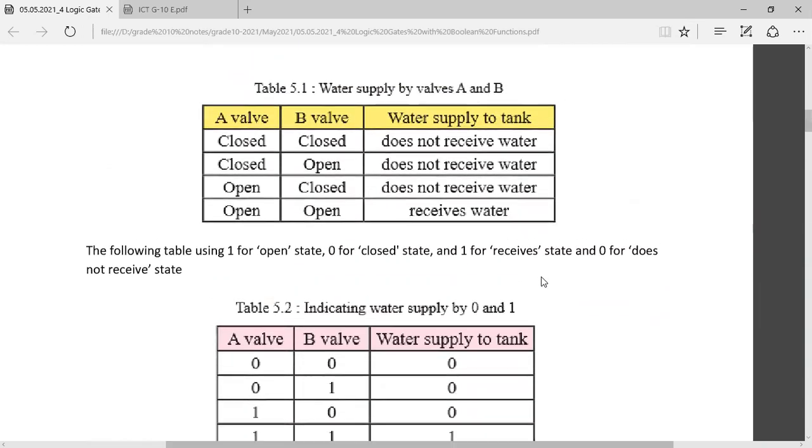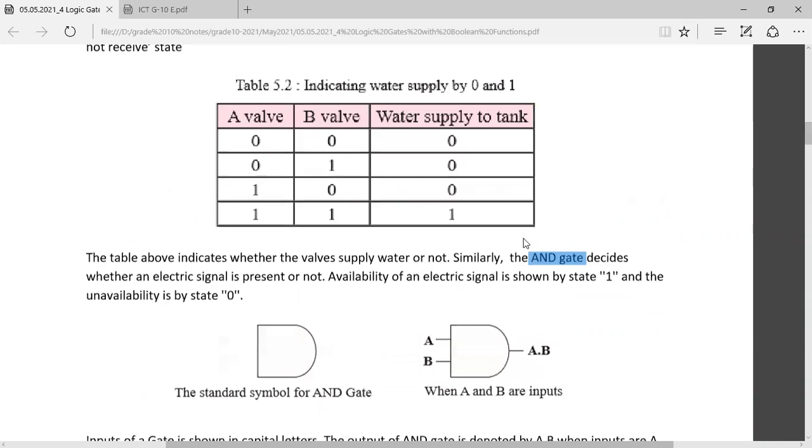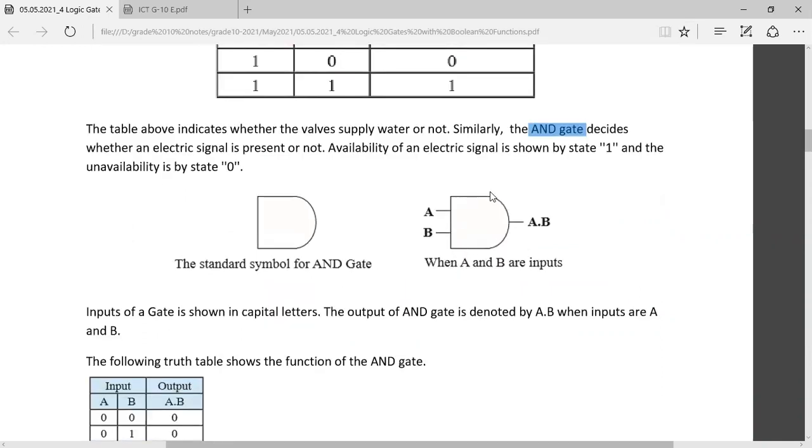Remember this well. So what happens? Whenever there is an AND gate, there must be at least two input signals. This is the symbol for the AND gate. At least two input signals.